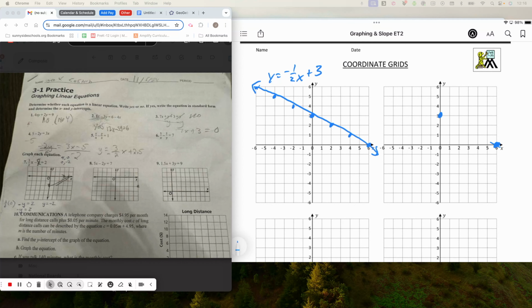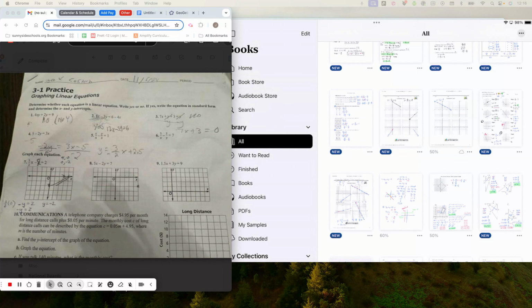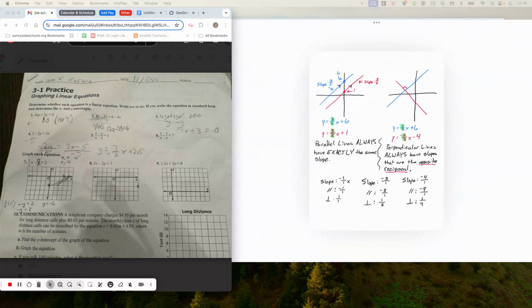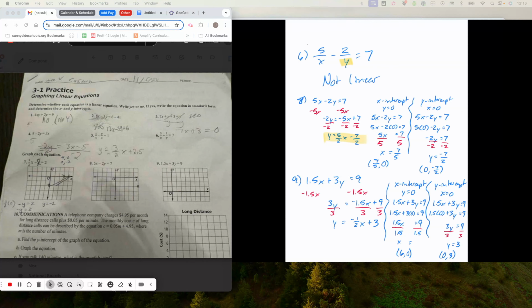We would not know that it was negative 1 over 2. But we could graph it by simply using those two intercepts, and it would look exactly the same as if we used slope-intercept form. Again, I'm a much bigger fan of slope-intercept form than I am of standard form, and I think that it's much more useful.